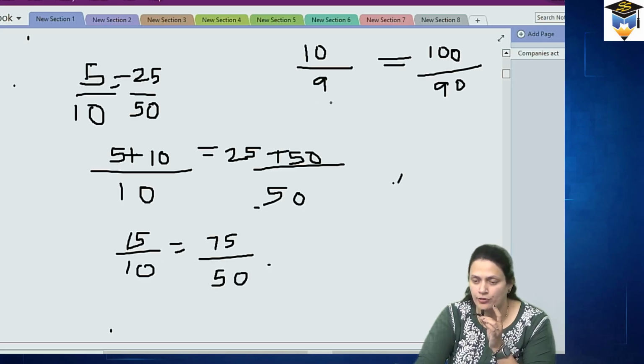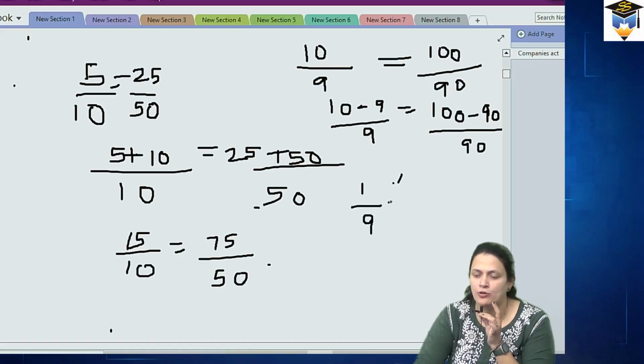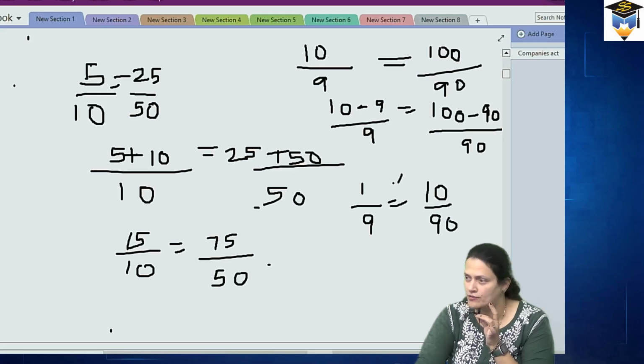Sorry, componendo we add the denominator, dividendo we subtract the denominator. So now 1 upon 9 comes out to be equal to 10 upon 90. So is it correct? They are still in proportion. So that is called dividendo.